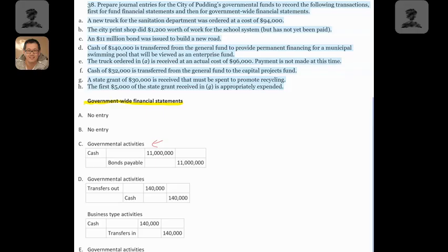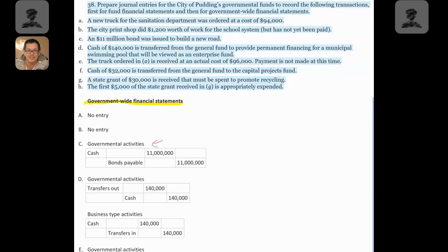Then transaction D, cash of 140,000 is transferred from the general fund to provide permanent financing for a municipal swimming pool that will be viewed as an enterprise fund. Okay, so here we are going to transfer out cash from the governmental activity for the business-type activity.